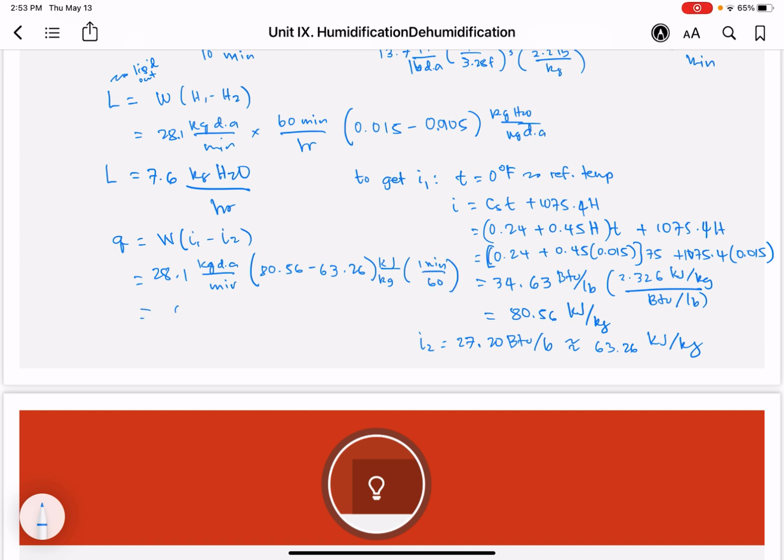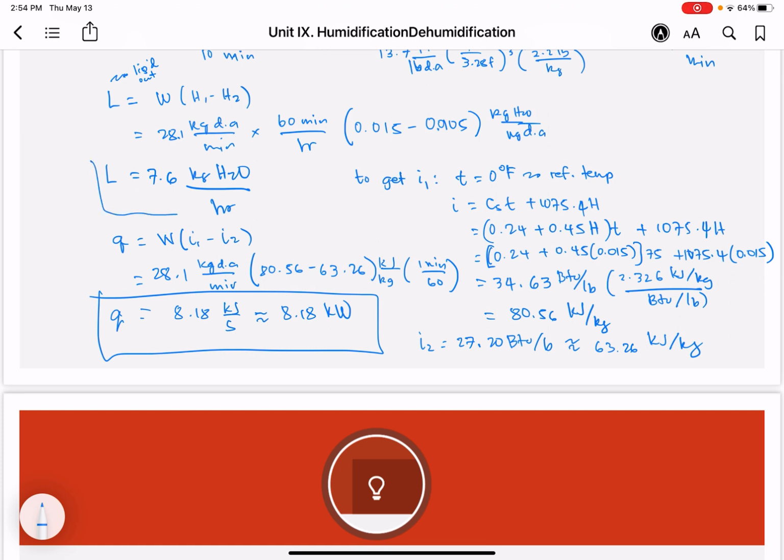So I get 8.18 kilojoules per second, or that's 8.18 kilowatt. So this amount of Q is the duty of your air conditioning unit in kilowatt. You already get the quantity of the condensate, which is 7.6 kilogram per hour.